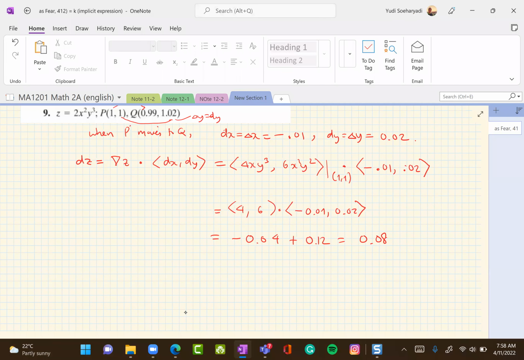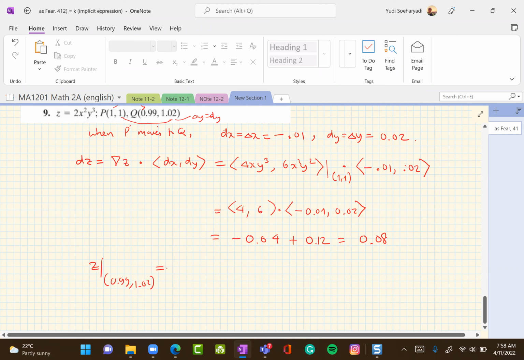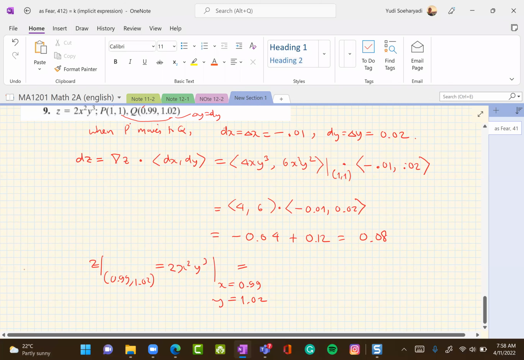Can someone compute this one though? Z when x is 0.99 and y is 1.02. What does it mean? So compute 2x squared y cubed. If you have a calculator, please compute that one. What's the value of this? Compare with this one.